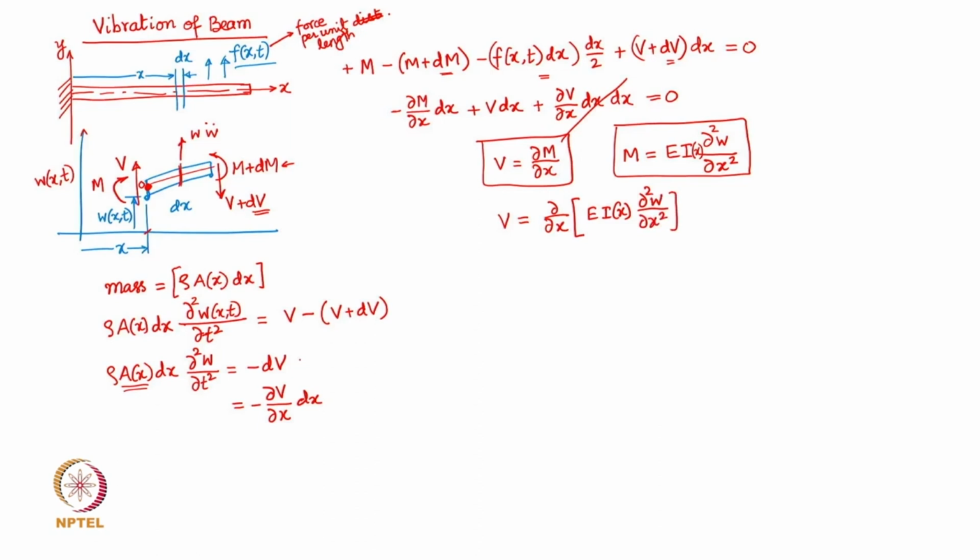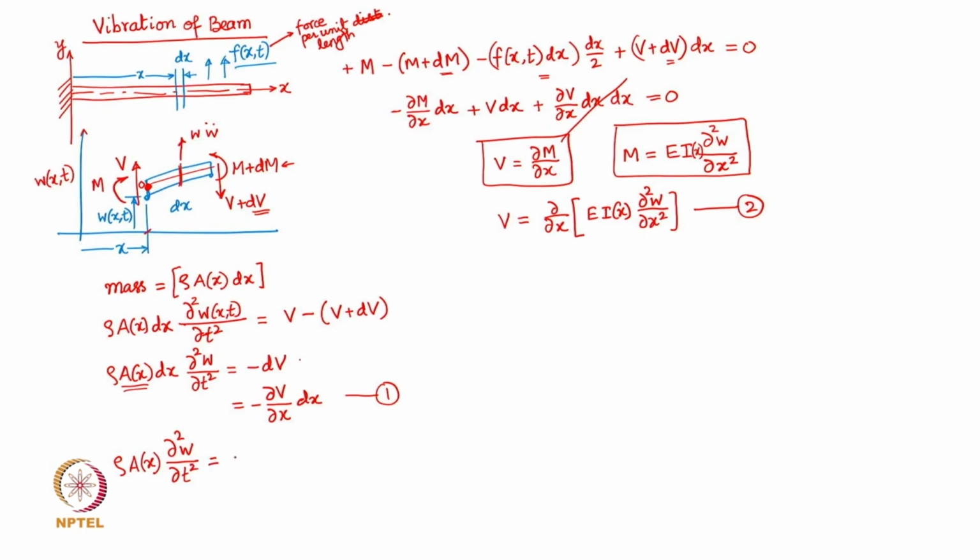All right, with this I can use equation number 2 in equation number 1, and then write this as rho Ax, dx I can cancel out throughout, and then I write this as dou 2w by dou t square equal to, so V is what I have here.